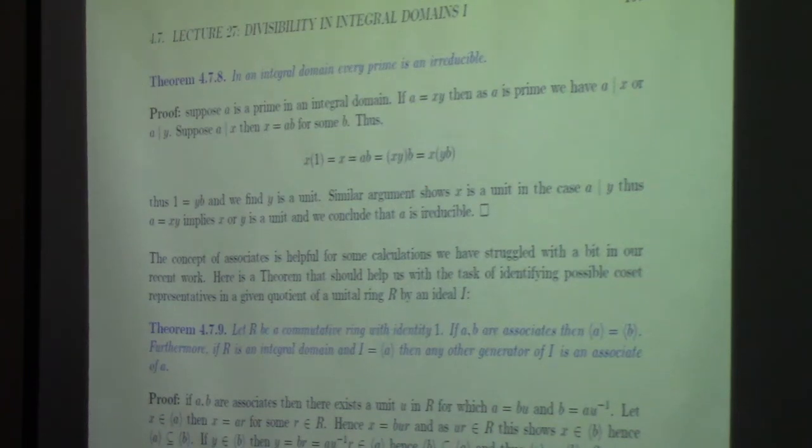What does this say about Z adjoining the square root of -3 then? If prime, I guess it doesn't say anything, right? Because we had not prime. Does it say anything about when things aren't prime?